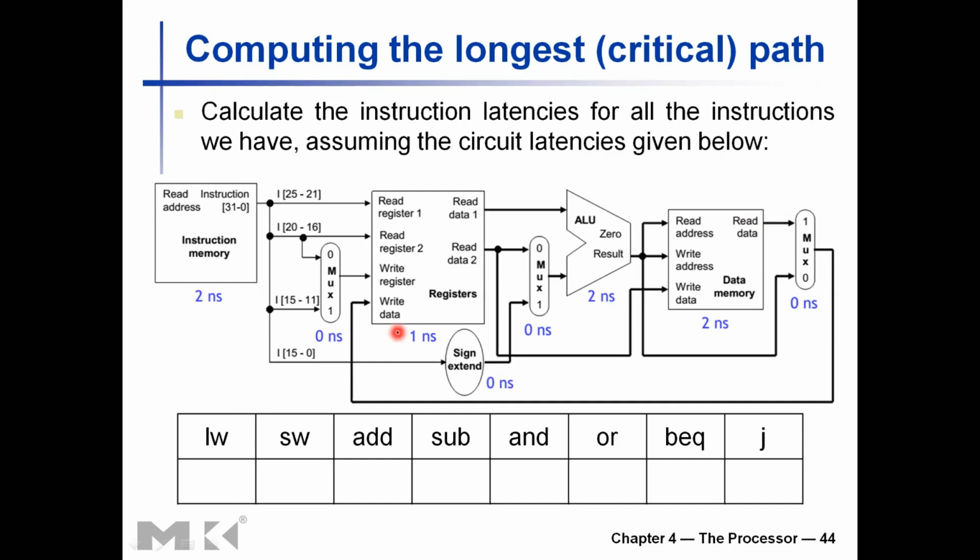The register file writing will also take 1 nanosecond, but that writing happens at the clock edge, from the clock edge in the next clock cycle, right? So the load word instruction takes how many nanoseconds from the starting positive clock edge to the ending positive clock edge?